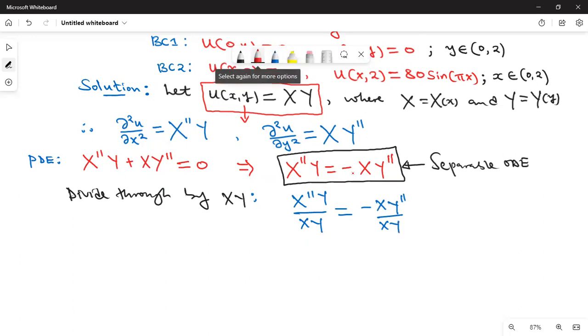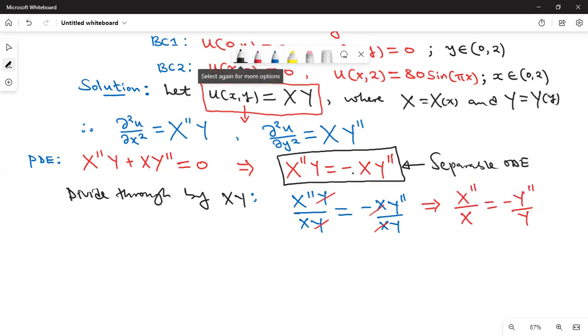And now you can simplify. You see the Y will cancel. You can see X will cancel. So this simply means that X double prime over X is equal to negative Y double prime over Y.